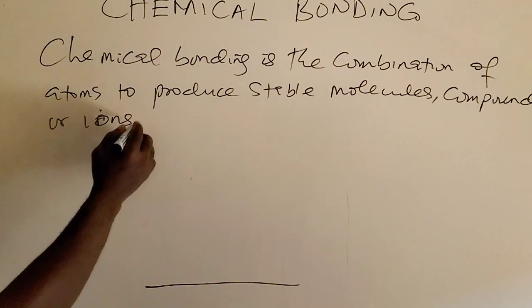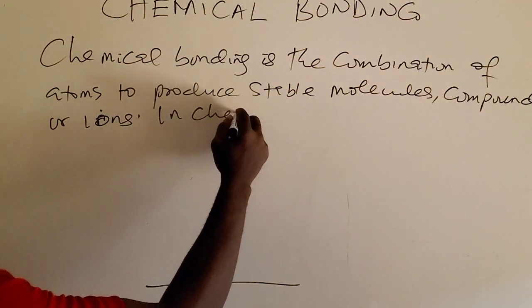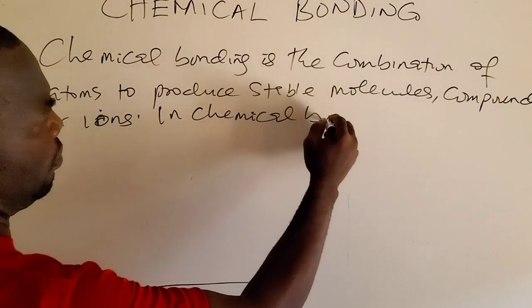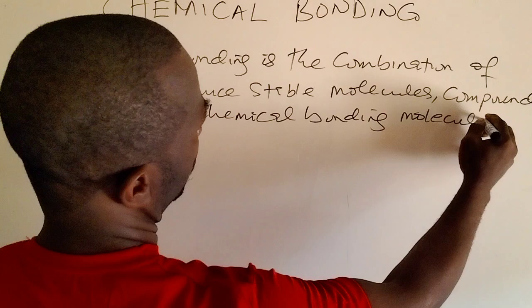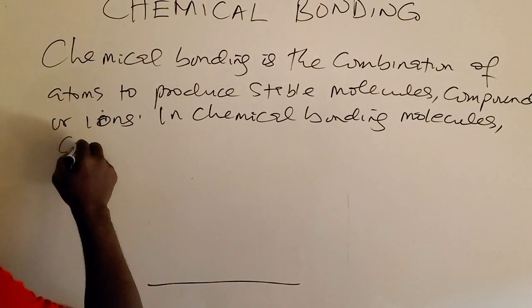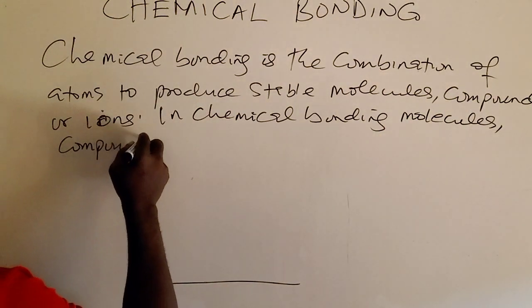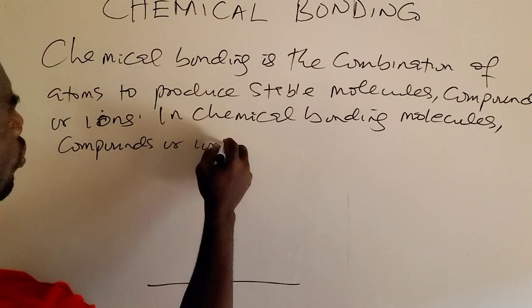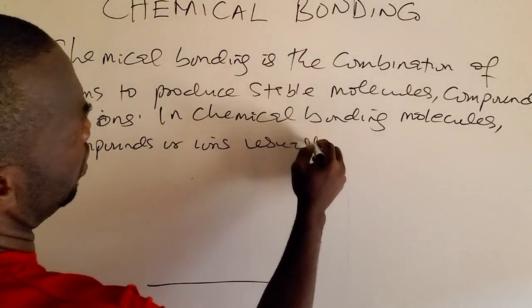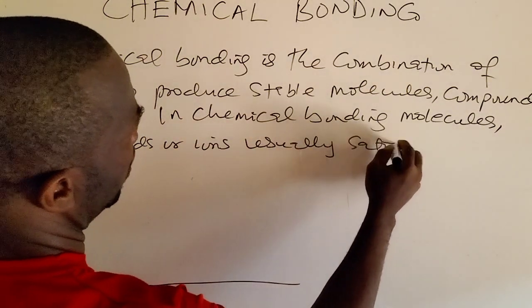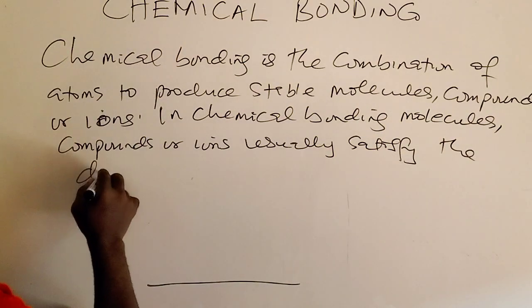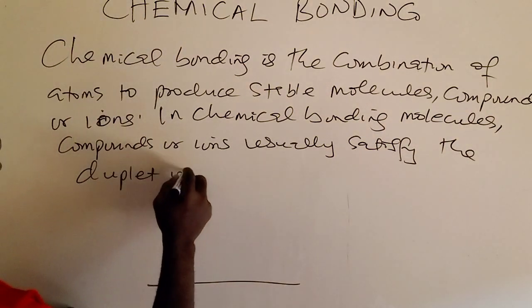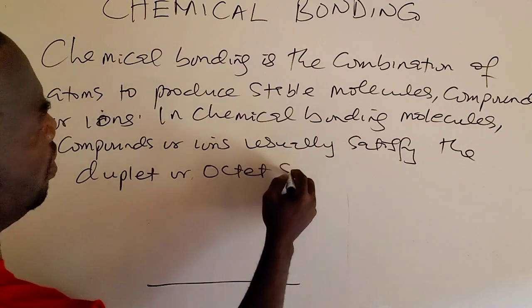So in chemical bonding, molecules, compounds, or ions usually satisfy the duplet or octet state.